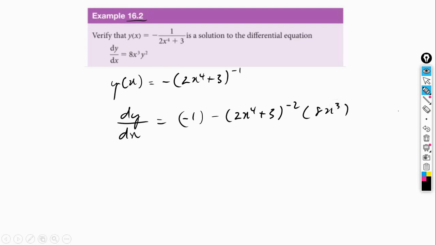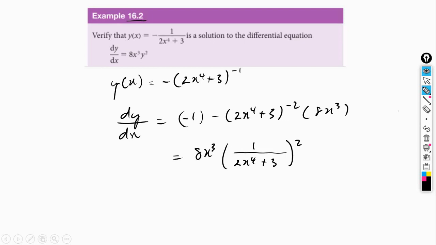And then we can rewrite this as 8x cubed times 1 over 2x to the 4 plus 3 squared.